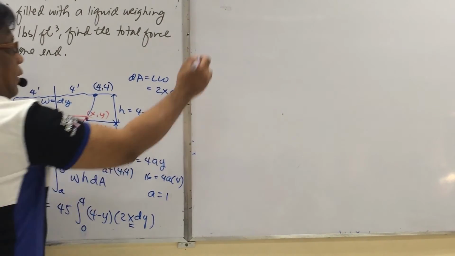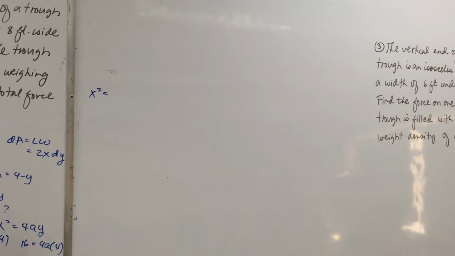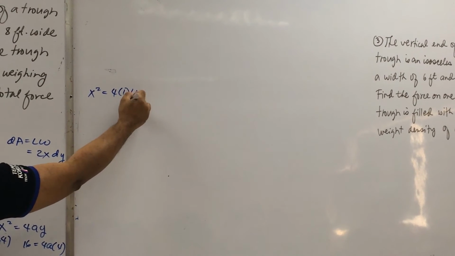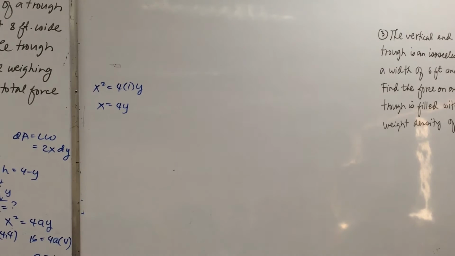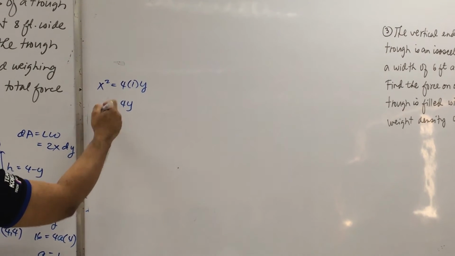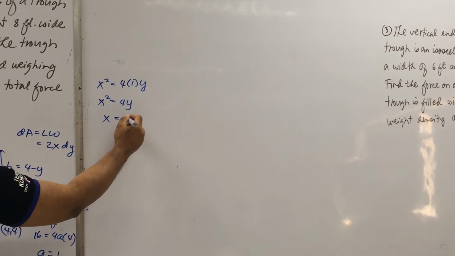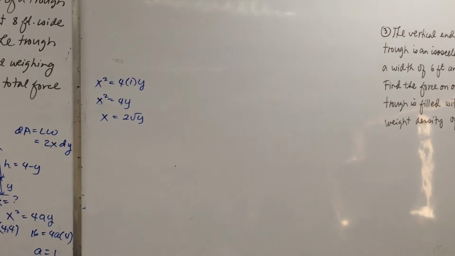So with that, the equation of this parabola is x squared equals, replacing a with 1, x squared equals 4y. And then what is now x? x is the square root of 4y, or 2 square root of y.